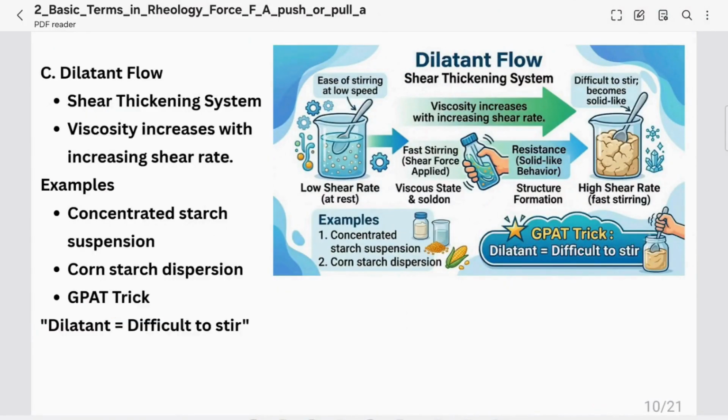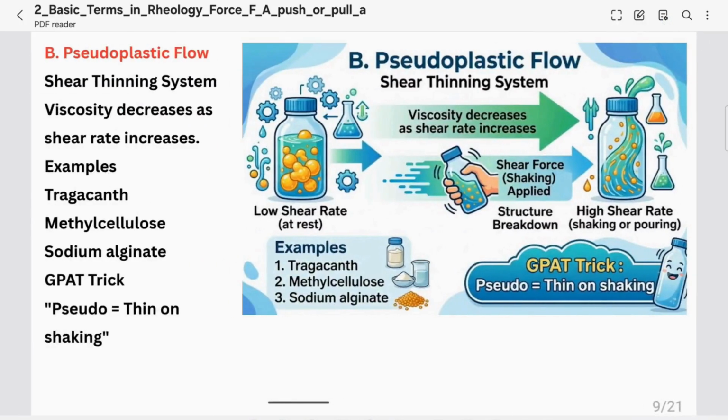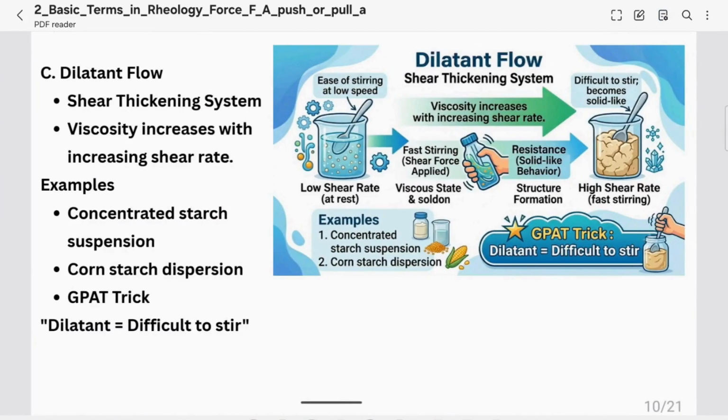And another type is dilatant flow. Here what happens? When we apply the force or shear stress to the liquid system, instead of decreasing, the viscosity is going to increase. In the previous one, pseudoplastic flow, the viscosity decreases when we apply the force, but in the dilatant flow, when we apply the stress, the viscosity is going to increase.